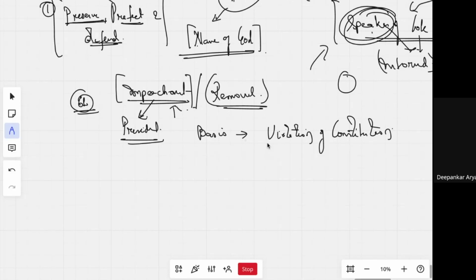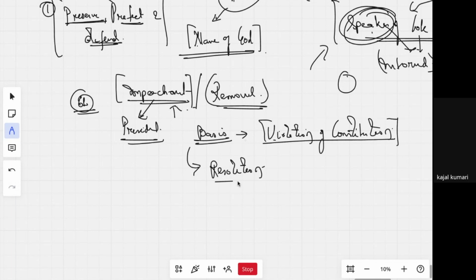Now, even for the impeachment of the President of India, there has to be a resolution to be passed. Okay. So, what is the procedure for removal of the President? First, tell me.